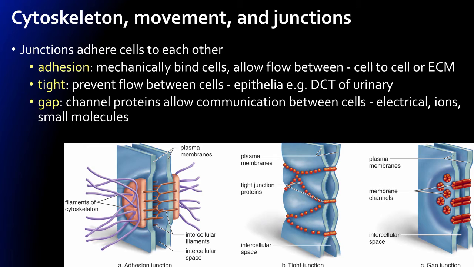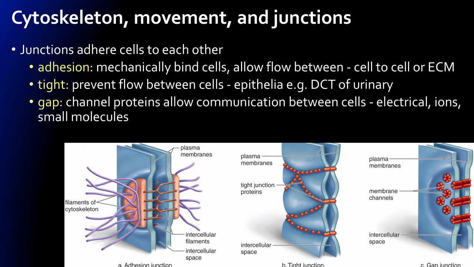All right, and here we see some junctions. So junctions, again, are components of this which are going to bind cells to each other, and the needs of each tissue are a little bit different, so we have different kinds of junctions. A common one is what we call an adhesion junction, or sometimes we'll use the term desmosome. These are going to bind cells together.